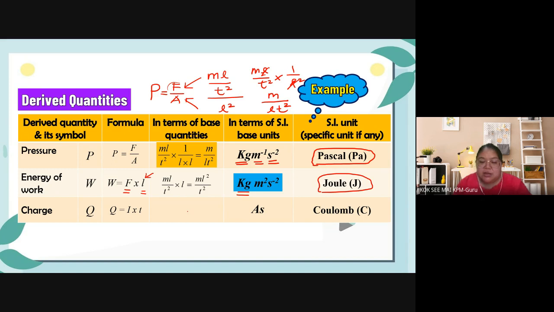Okay, and the last one is Q. Q is charge. The formula is current multiplying time taken. Current already is a base unit, time also is a base unit. Actually nothing 啦，因为两个都已经 base 了，所以我不需要再去找别的东西 convert 进去，它没有 formula. So I straightforwardly multiply I and T. I is ampere, T is second. 你可以讲 ampere second 或者是 coulomb, C, 1 coulomb of charge.